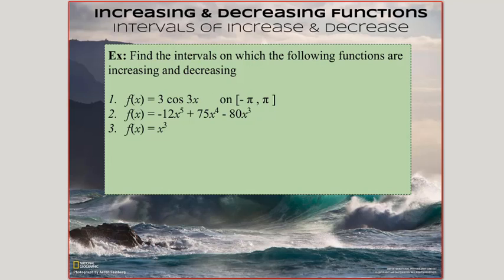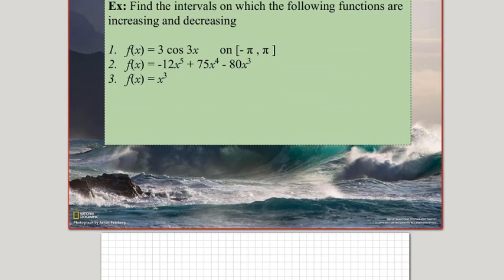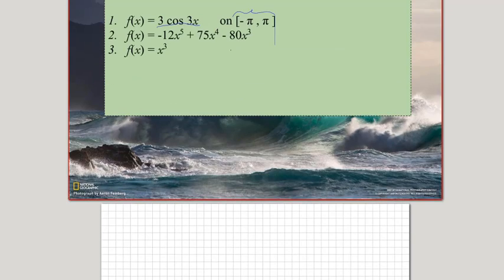Okay, so let's find intervals on which the following functions are increasing or decreasing. Come back up. If I wanted to take a look at this first one, 3 cosine 3x. Well, the way to do this, on this interval specifically, is to figure out what's the derivative.